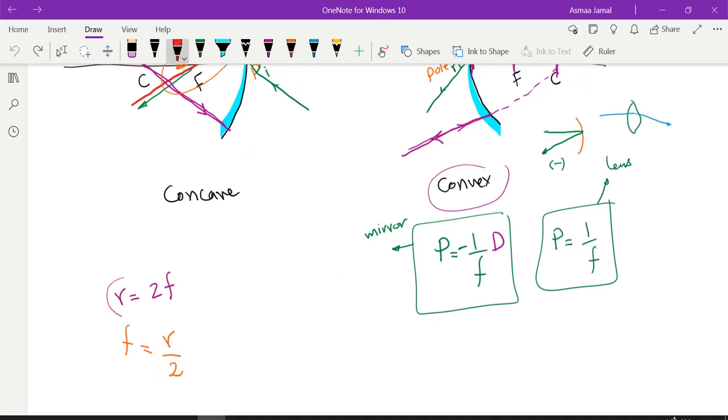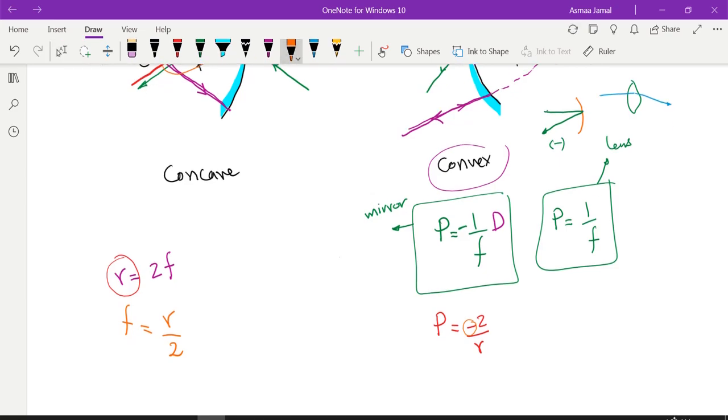So if I have the radius of curvature, I can also use it to find the power of the mirror. So the power of the mirror also equals minus 2 divided by the radius of curvature, with the minus sign, as we said, because the mirror changed the direction of the light to the opposite side.